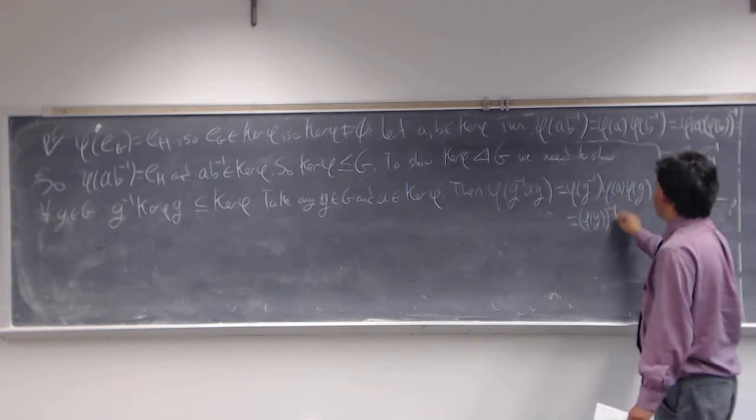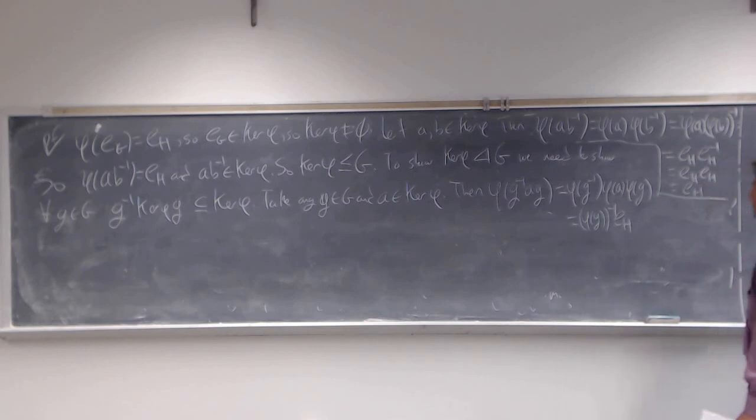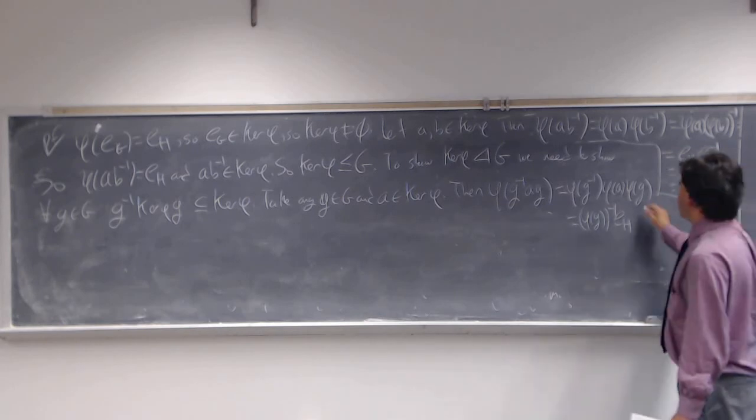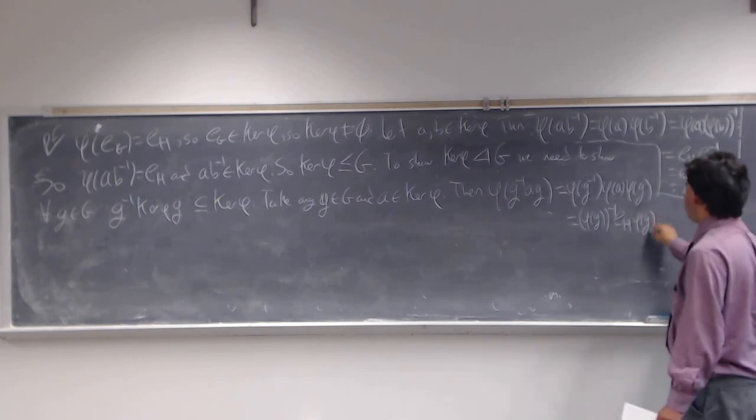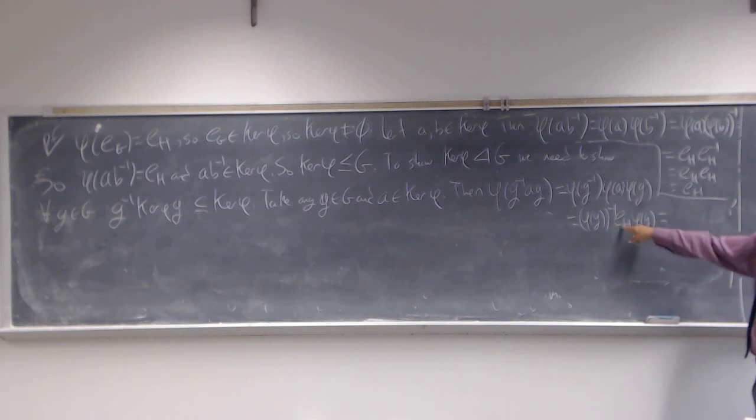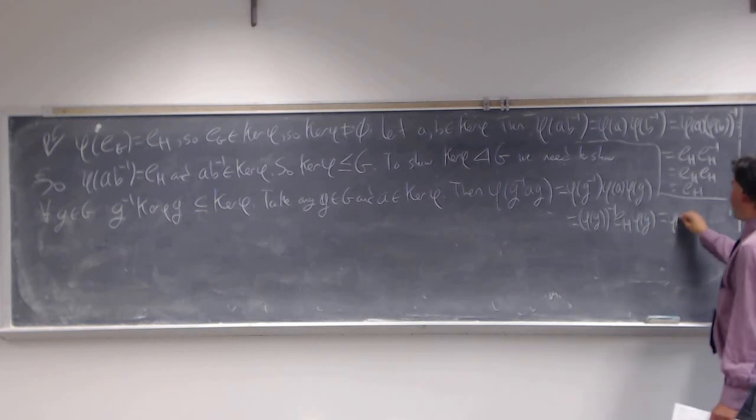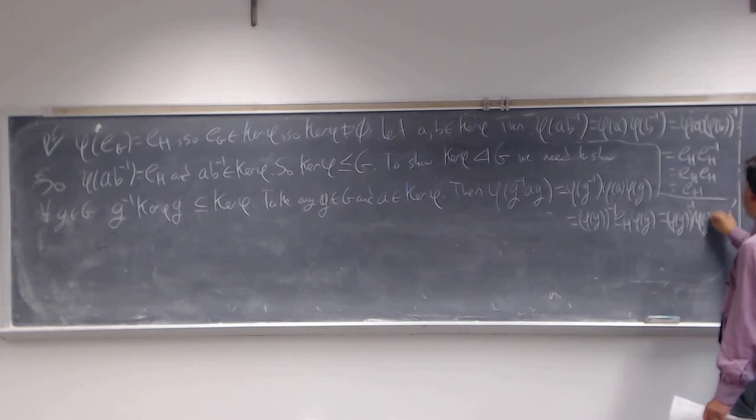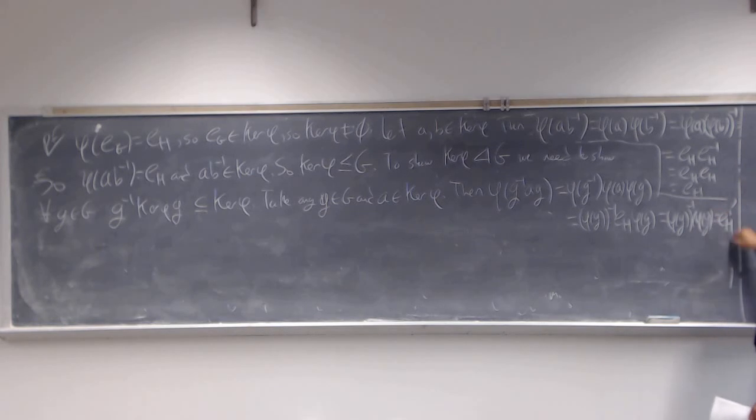So phi of A is equal to the identity. And then G is just phi of G. But this H soaks up, so we have phi of G inverse times phi of G. And that's just the inverse of some element times that element, right? Inverse of something times something gives you the identity.